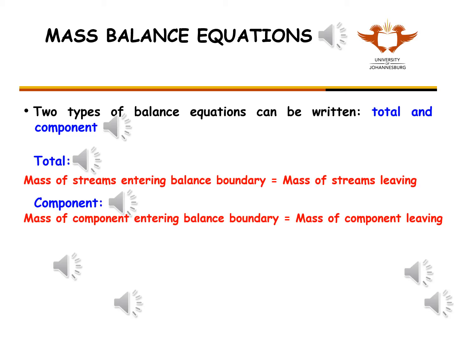Say you had a feed stream as follows. For a total balance, you would use the 100 kilograms per second.